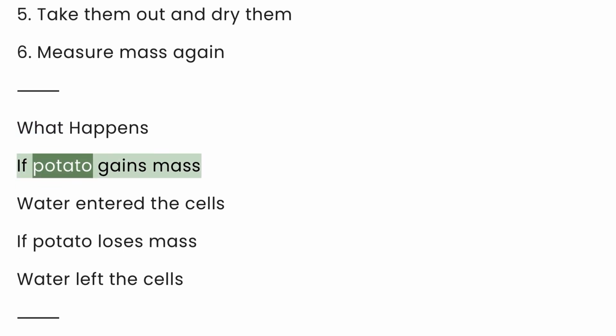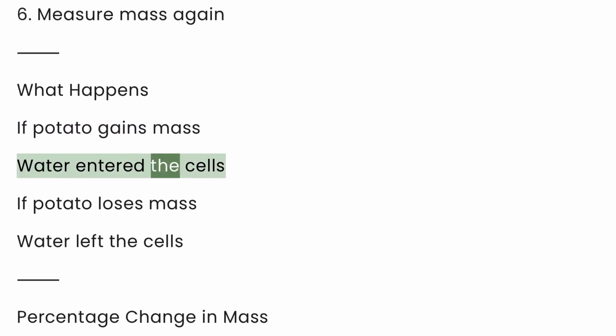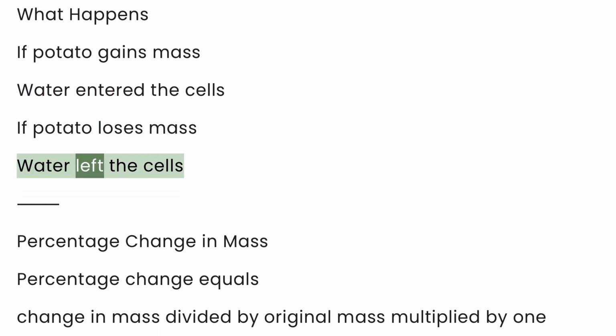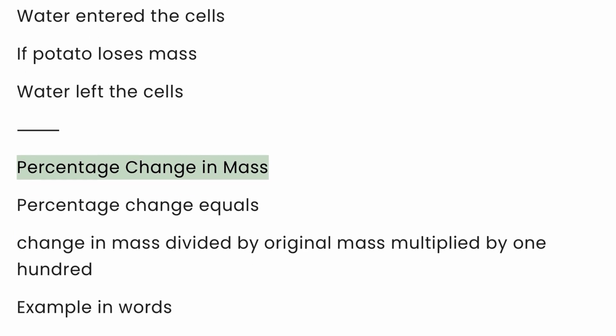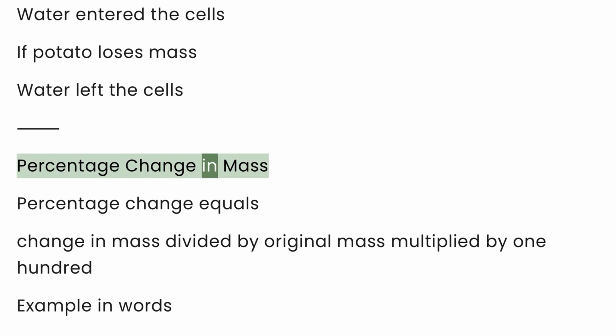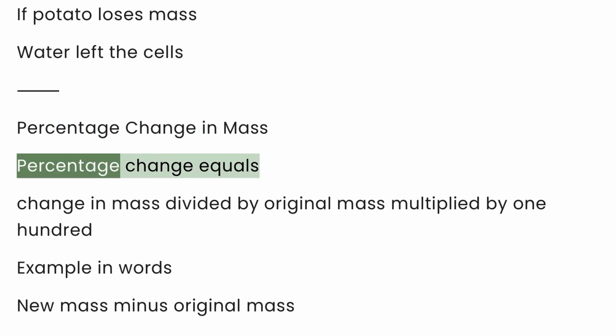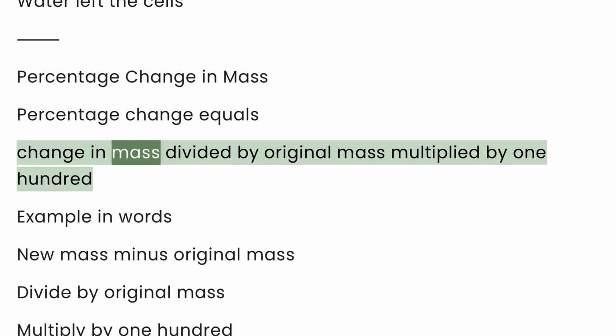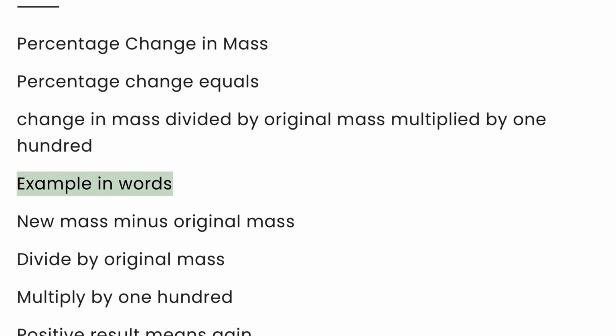What happens? If potato gains mass, water entered the cells. If potato loses mass, water left the cells. Percentage change in mass. Percentage change equals change in mass divided by original mass multiplied by 100.